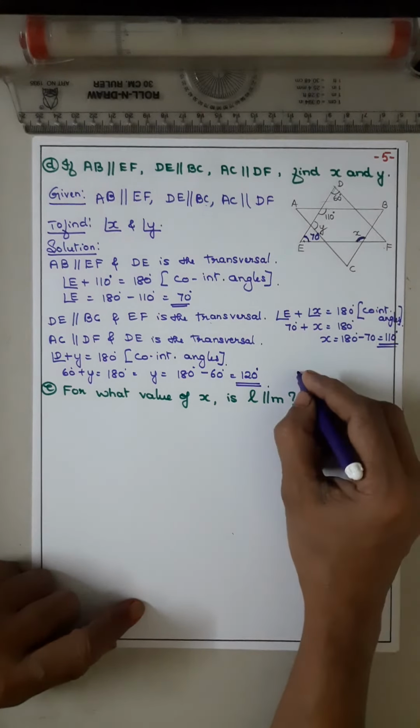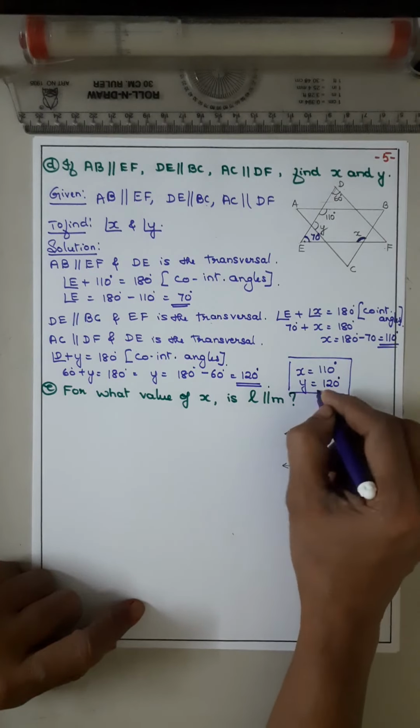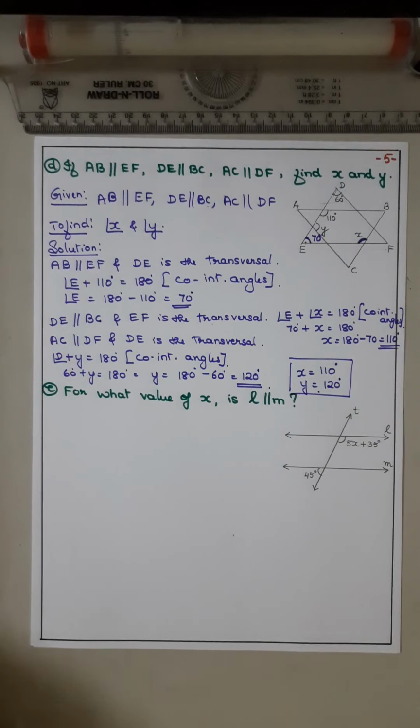So you got X is equal to 110 and Y is equal to 120 degrees. That was question number D. A bit confusing, isn't it? Now coming to the E question.